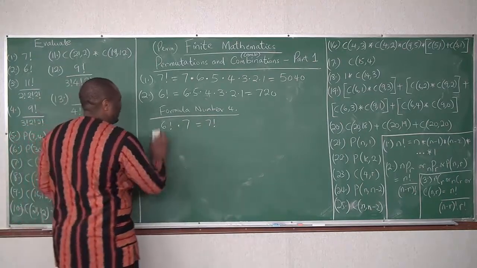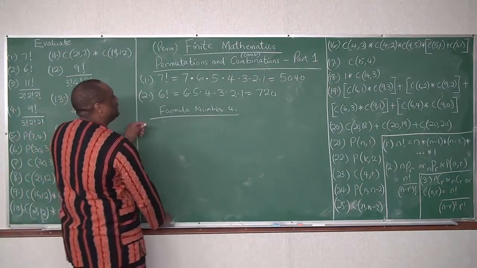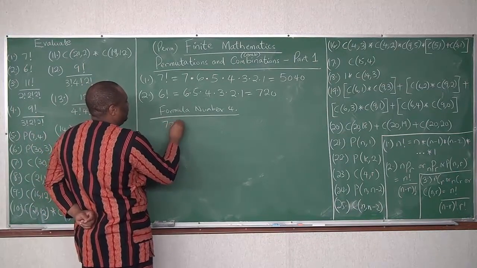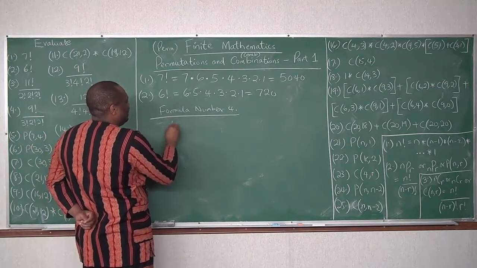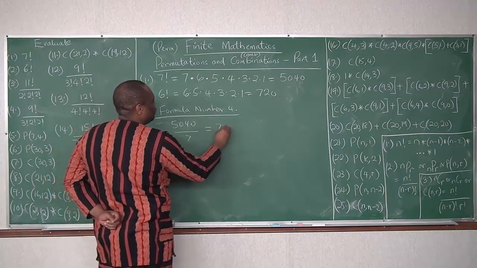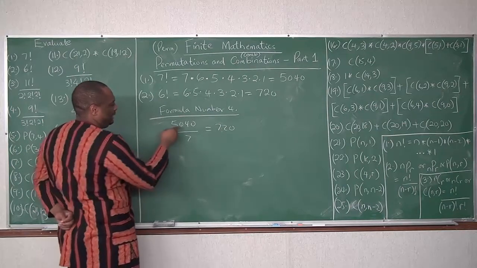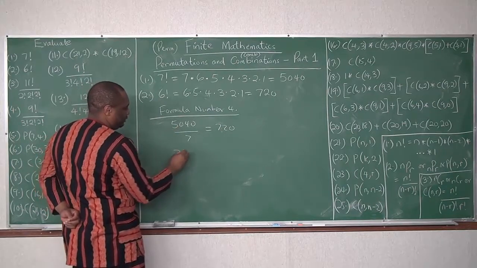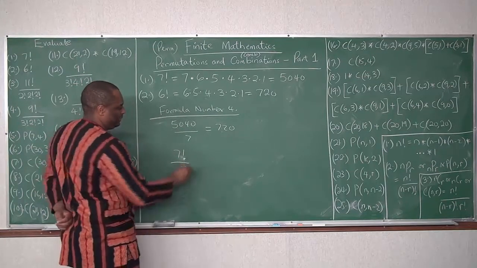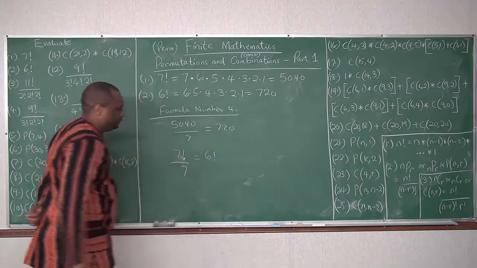Because if we look at this, we see that 720, because we did 5,040, right? And I just divided by 7 to give me 720. So what did I do? This is 7 factorial. 7 factorial divided by 7 gave me 6 factorial.